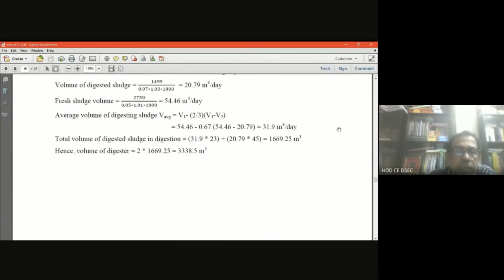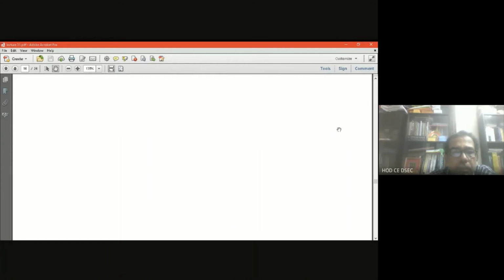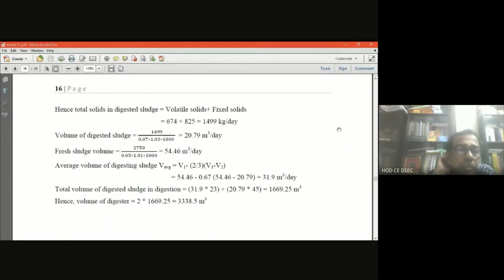So if we know the dry solid, simply you divide it by 5%, that is 0.05. You will get the mass of the fresh sludge, and then you divide by specific gravity 1.01. That means ultimately it has to be converted into density, so 1.01 into 1000. So you divide the mass by density, and ultimately you will get the volume of the fresh sludge, that is 54.46 meter cube per day.